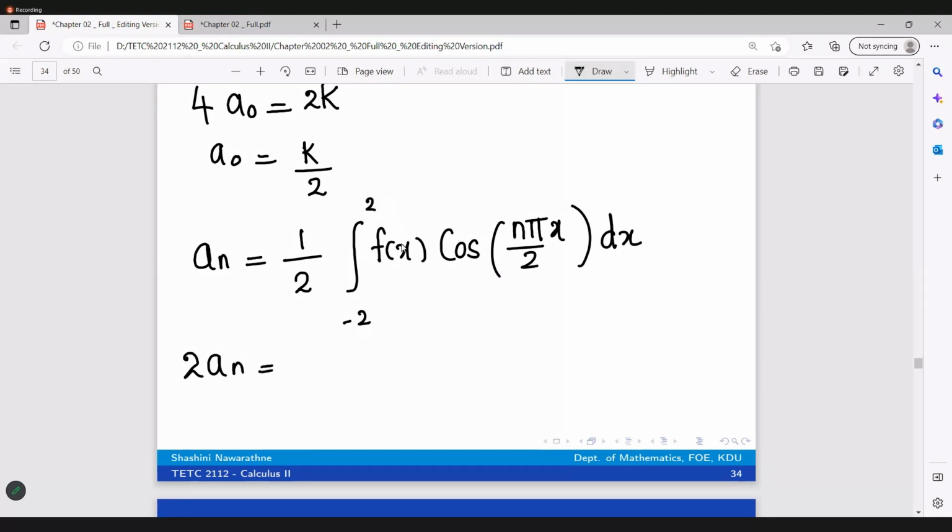And here, as earlier, f of x is defined as 3 parts throughout the region minus 2 to 2.